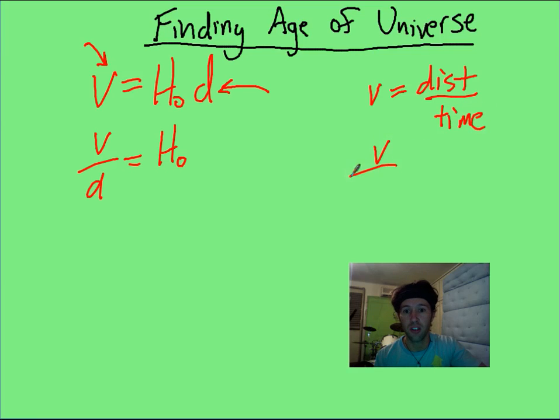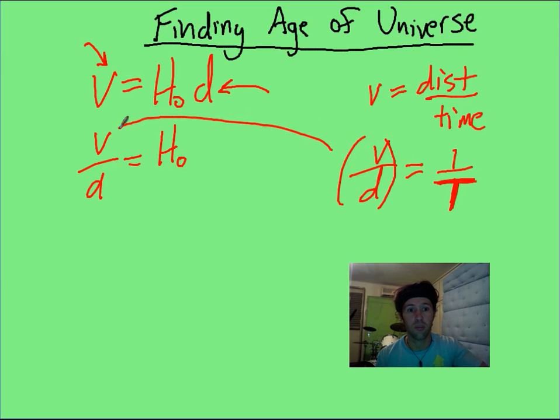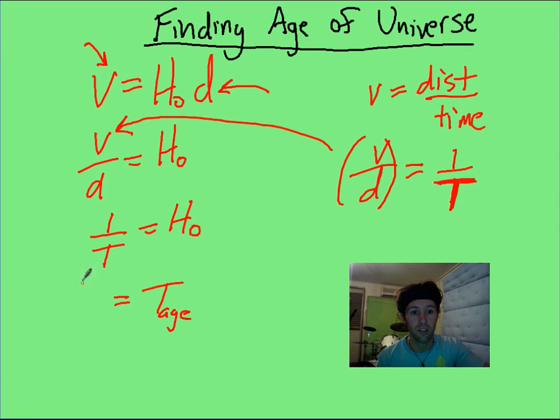And if we rearrange this to say that velocity over distance is equal to 1 over the longest time we can have, if this is the farthest distance away, we can say that this is true. So we can substitute in for velocity over distance: 1 over t is equal to H sub 0. And we can then say that time, the age of the universe, is equal to 1 over Hubble's constant.